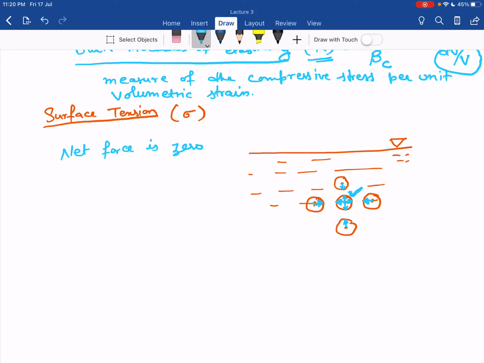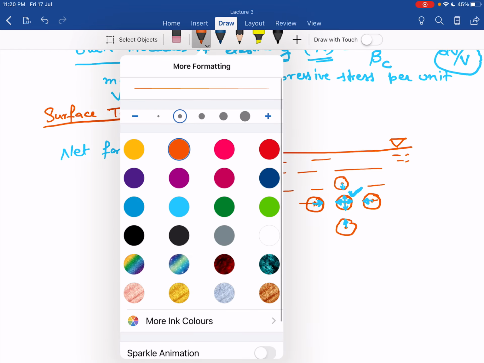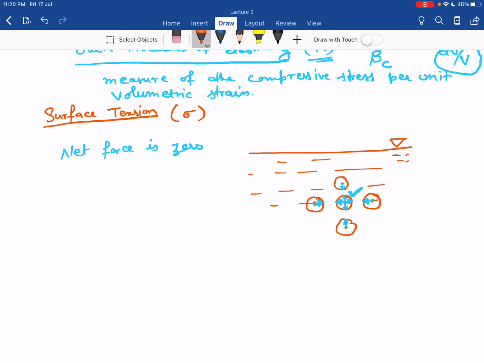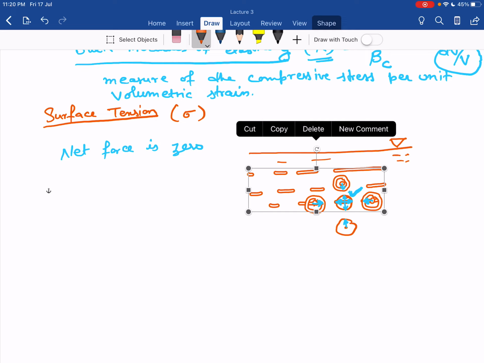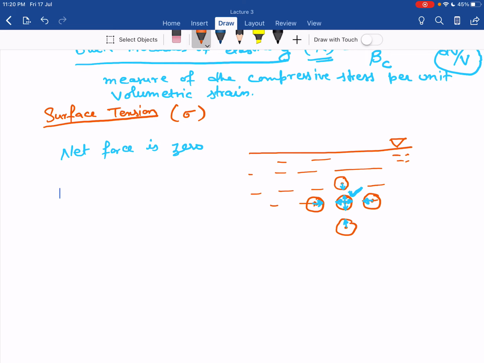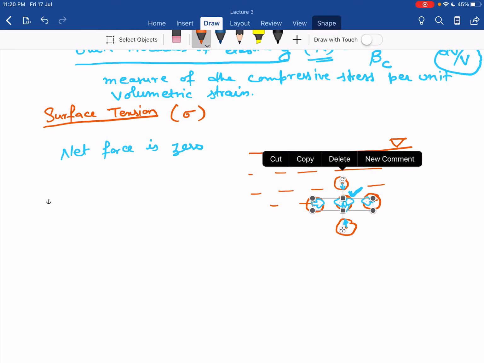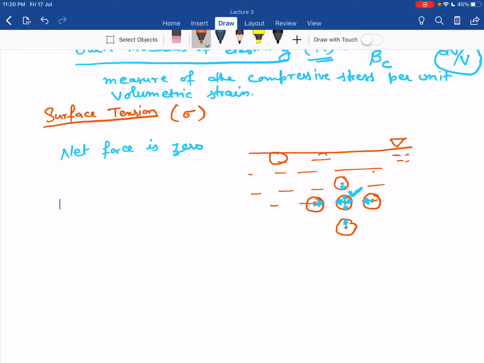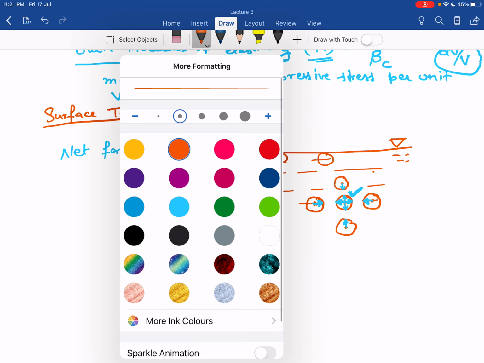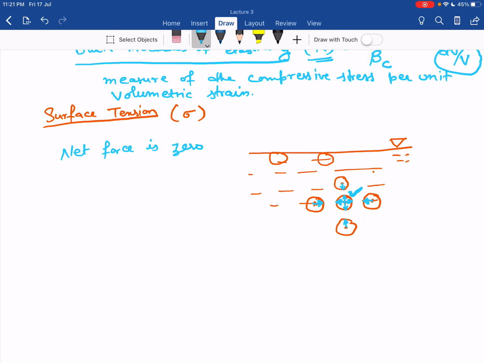However, we have some molecules which are at the surface of the liquid. So there is one molecule here, one molecule here. Okay. Now you can see for this molecule, there is no molecule on this side.